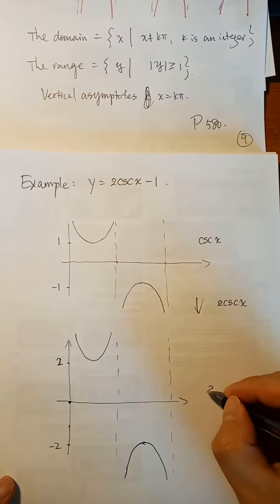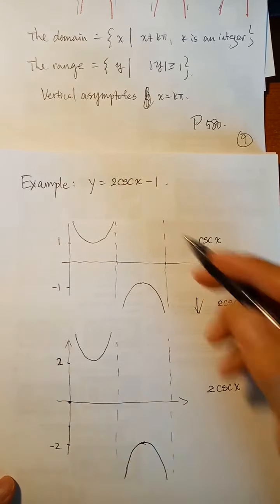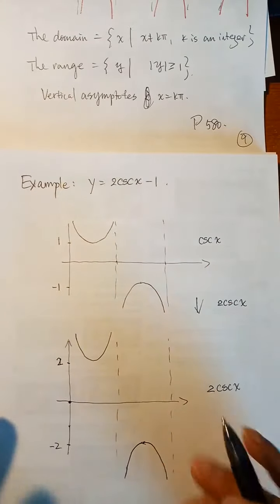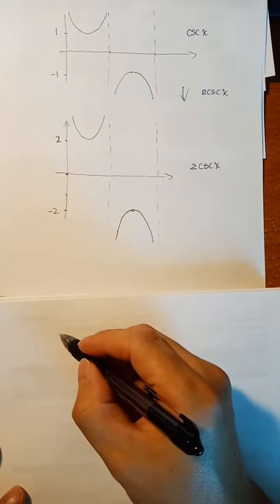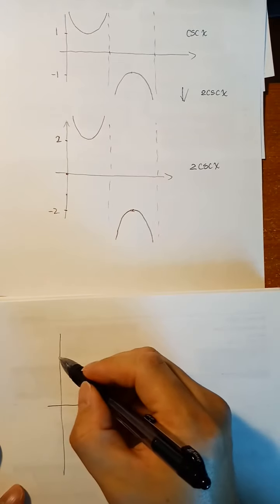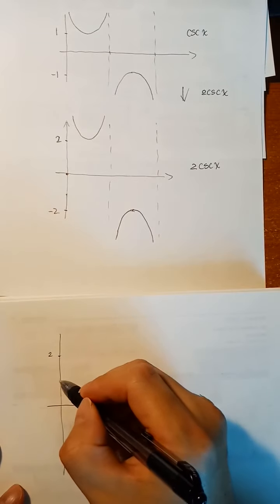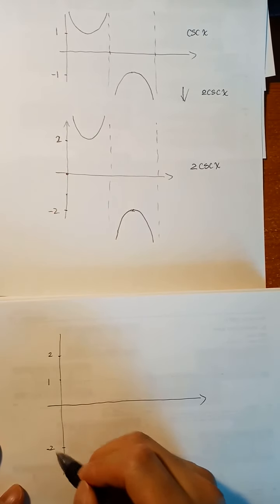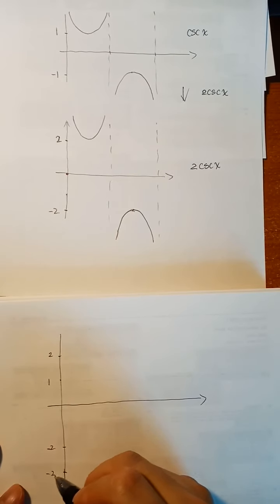And when you get this 2 cosecant of x minus 1, it means you're going to shift the whole graph 1 unit down. Okay, so let's see. Here is 2. Then you shift it by 1, so 1 is here. Here is a negative 2. You shift it by 1, it's negative 3.